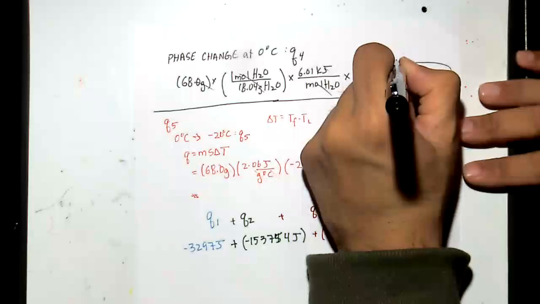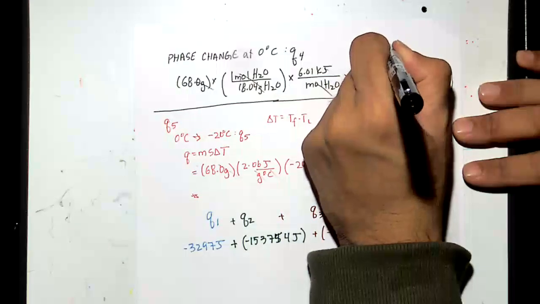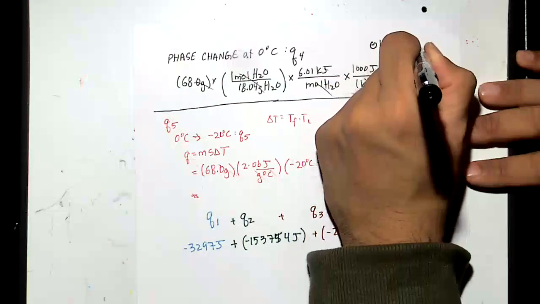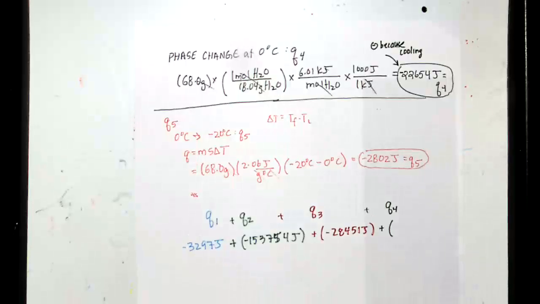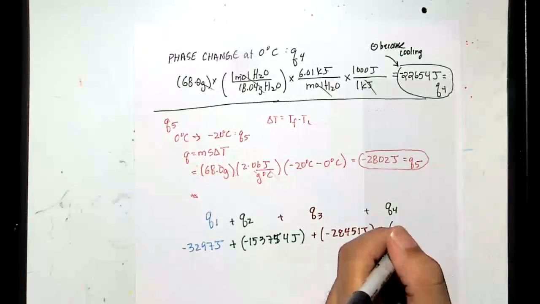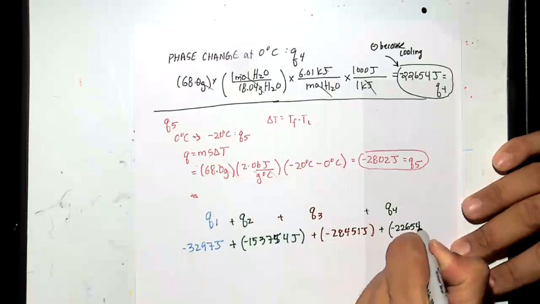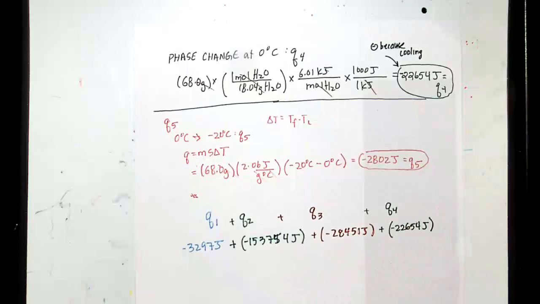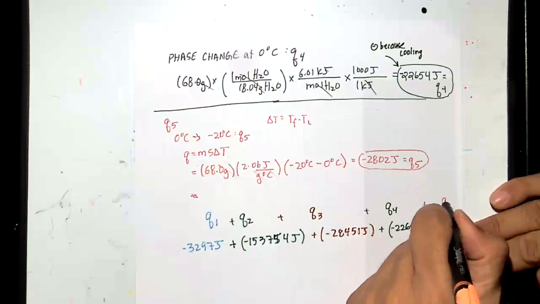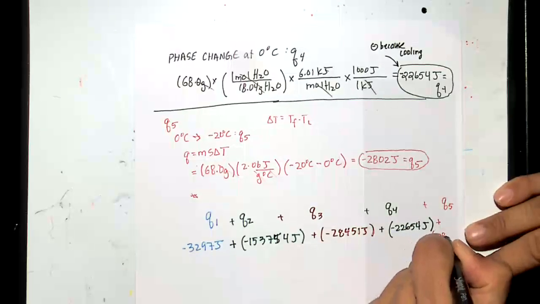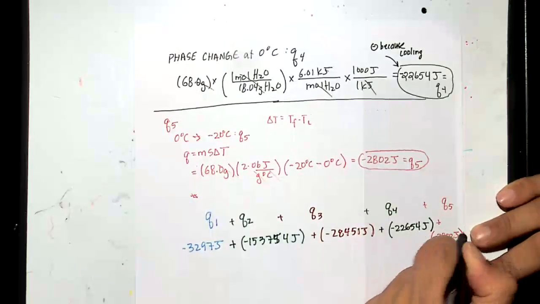It's minus because we're cooling. Because cooling, it's going to go to the surroundings. Plus a minus 22654 joules, plus a Q5, plus a minus 2802 joules.